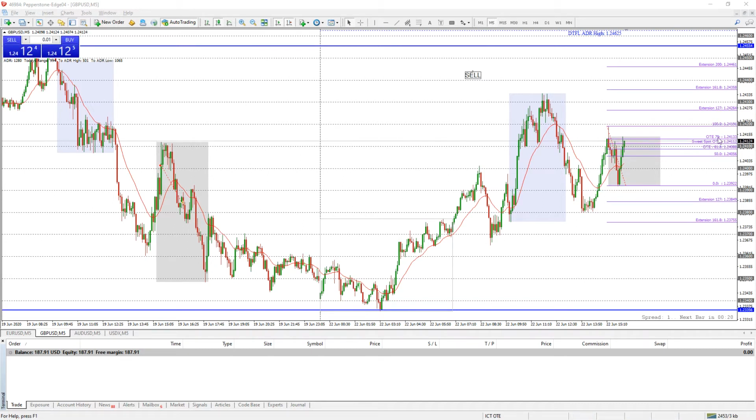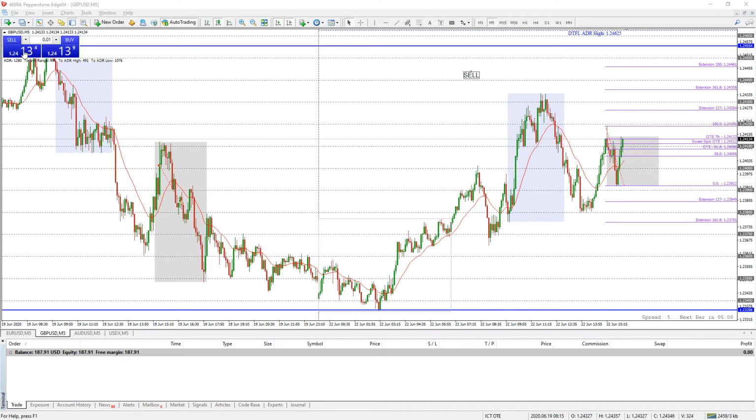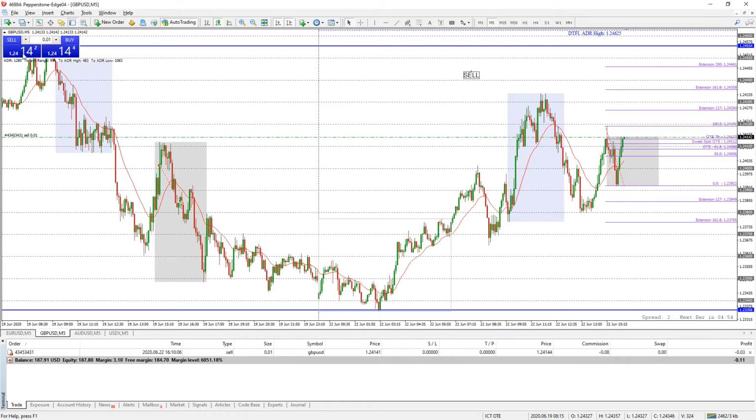So usually if it closes above the 79% on the 5-minute chart, I'll take the trade as not valid anymore. I have a few more seconds, and it seems like it just dropped, right, close right at the bar.